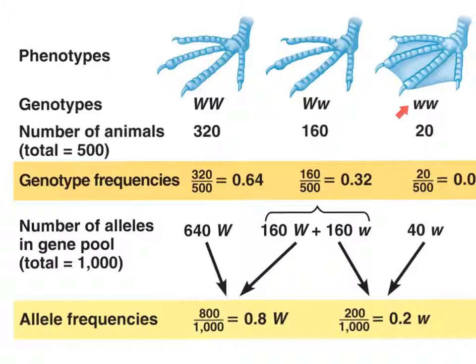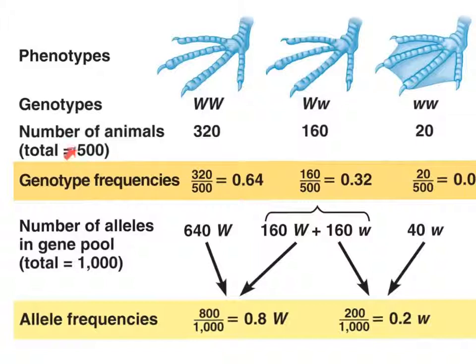For our little w, we have 20. We have to multiply 20 times 2, so it gives us the number of w's, and that's 40. Plus we have to add the little w's here, which is 160. That gives us 200. We take our 800 plus our 200, so our total number of alleles or letters would be 1,000.